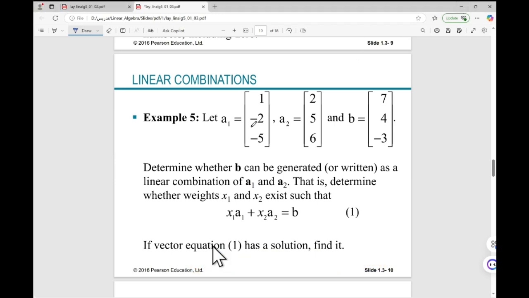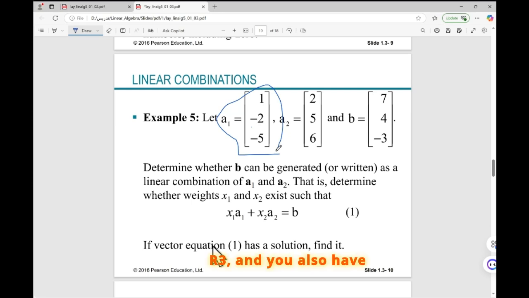Okay, so let me give you an example of this linear combination. We have this A1, which is a vector in what space? R3. In what space is A1 defined? R3. Exactly.